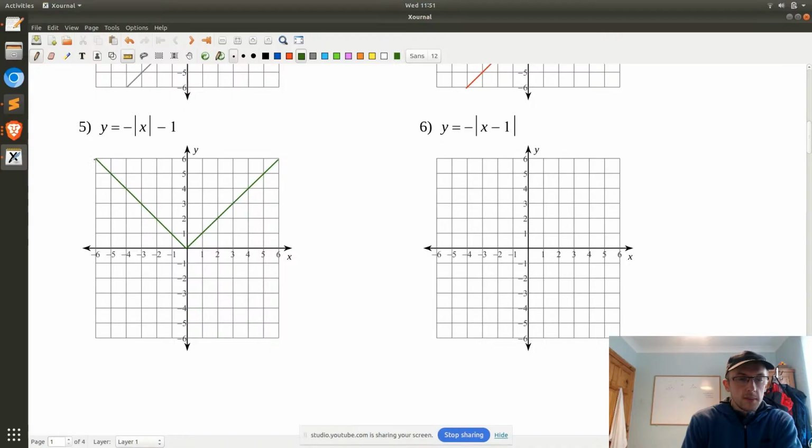Like that. That's just y equals absolute x. Then I turn it into its negative self, so I flip it in the x-axis.